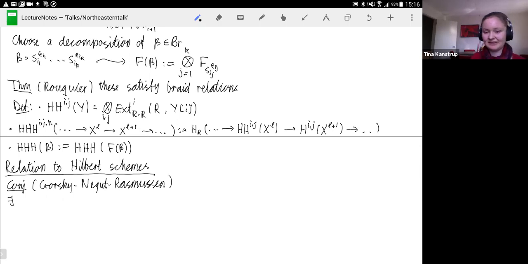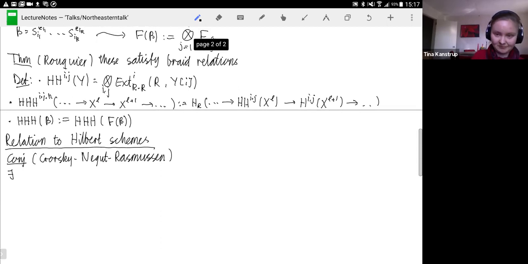So the statement is that there exist two adjoint functors which can be used to calculate triply graded homology. Namely, there exists a pair of adjoint functors between the category of Soergel bimodules, where we need to start, and then something that is not quite the Hilbert scheme, but related to it.